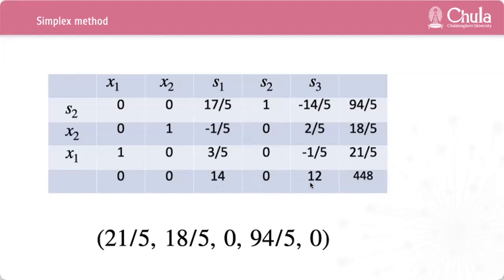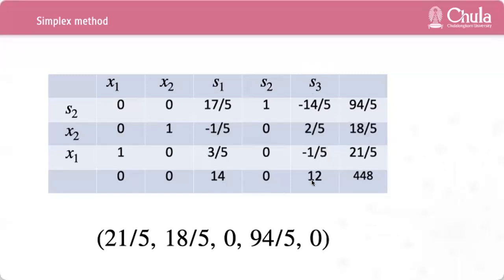What does it mean? Of course, S1 and S3 are our non-basic variables. And you see that if we allow S1 to change from 0 to 1, we cannot improve the objective function because the objective function value will be increased instead of decreased.